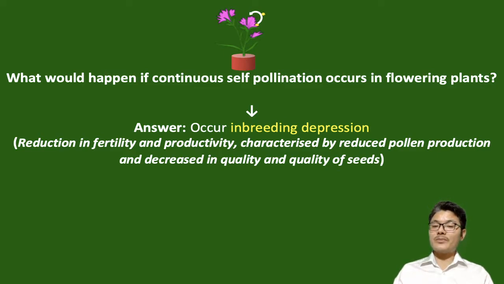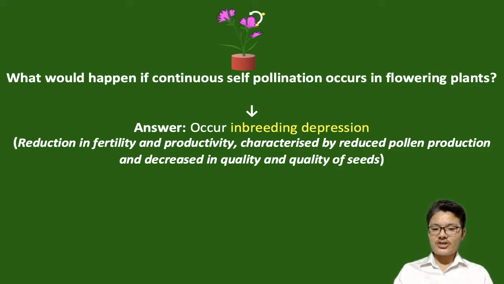So inbreeding depression will arise whenever continuous self-pollination occurs for say up to the 4th to 6th generation. If self-pollination or inbreeding is occurring continuously, then inbreeding depression occurs.